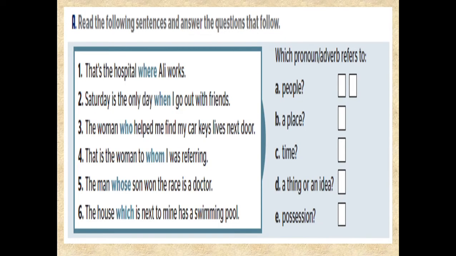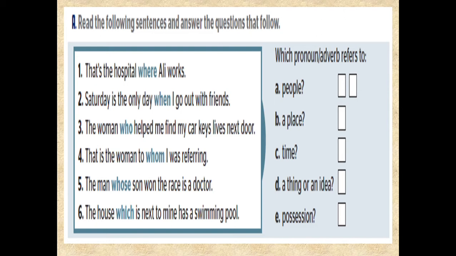For example, read the following sentences and answer the questions that follow. Question 1. That's the hospital where Ali works. Which pronoun or adverb refers to people? Read the sentences from 1 to 6.